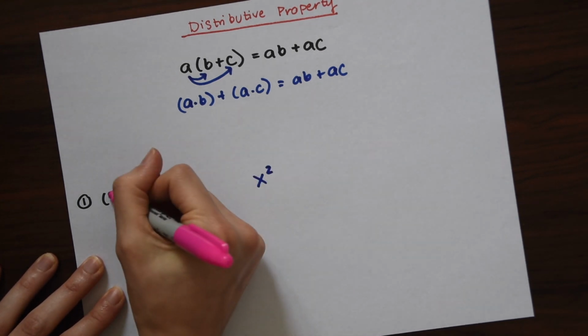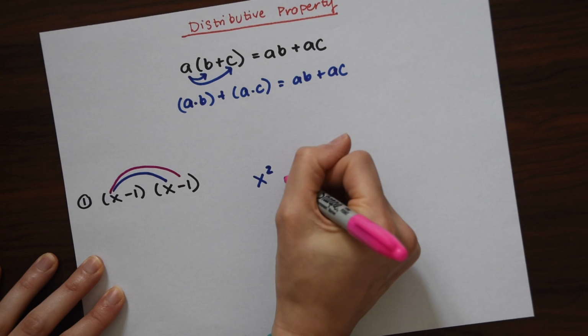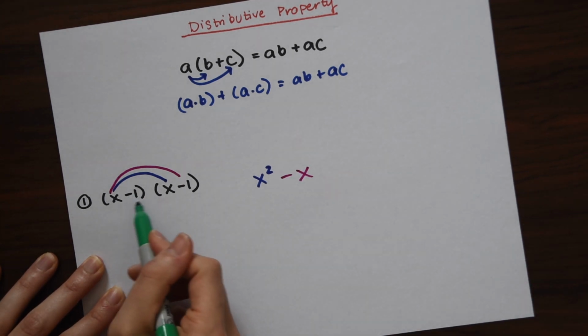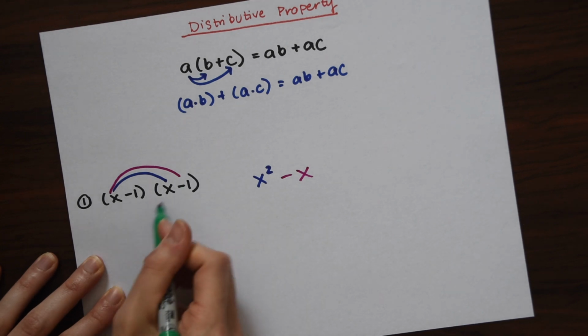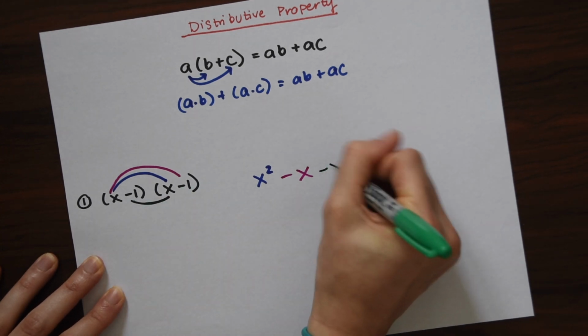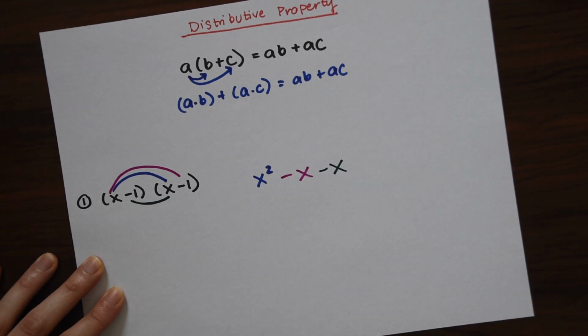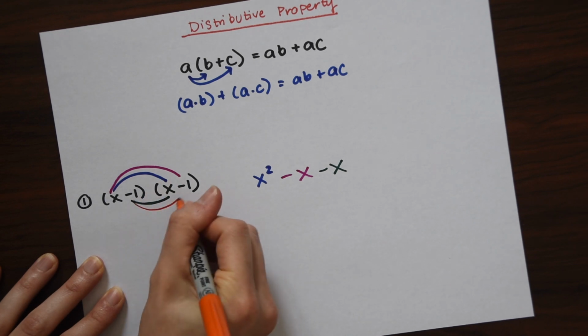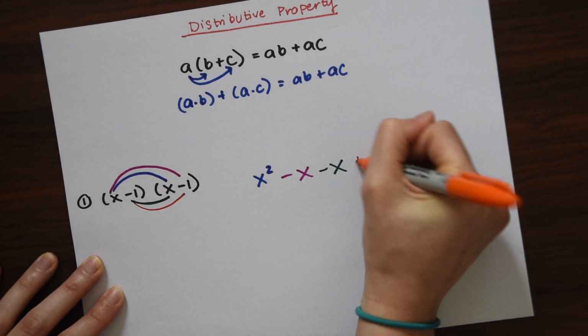If we multiply x times minus 1, we get minus x. Now we look at this minus 1 and distribute that. Minus 1 times x is minus x. And then minus 1 times this minus 1 gives us plus 1.